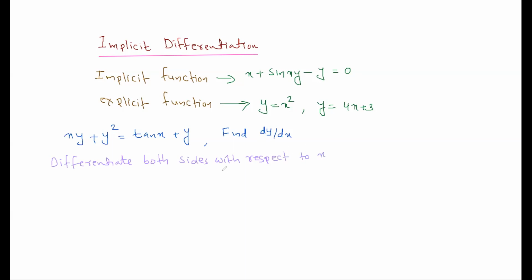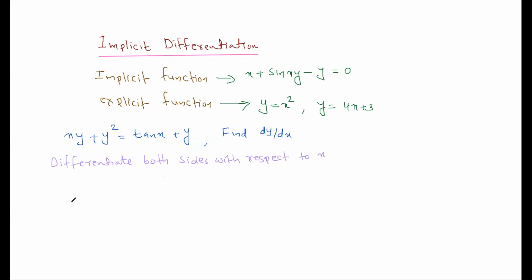You always have to differentiate both sides with respect to x. That is the method. Just differentiate both sides with respect to x. So on the left side it is a sum of two functions, so derivative of first function plus derivative of second function.